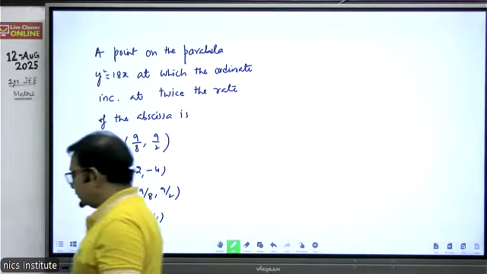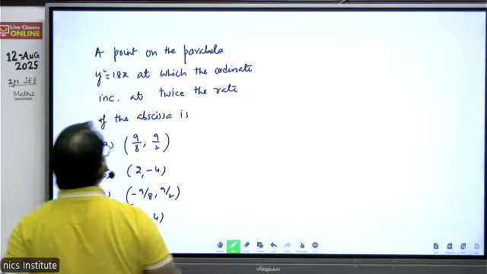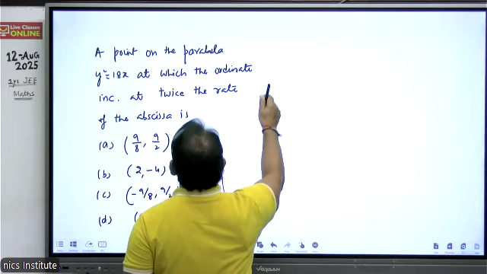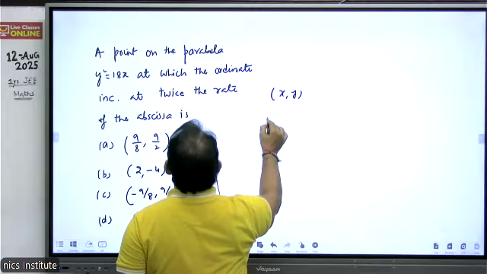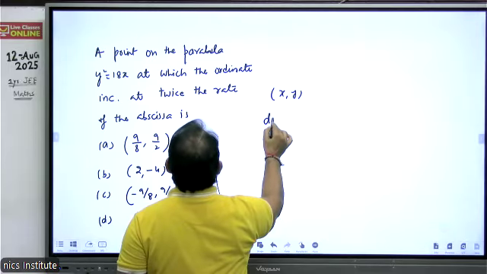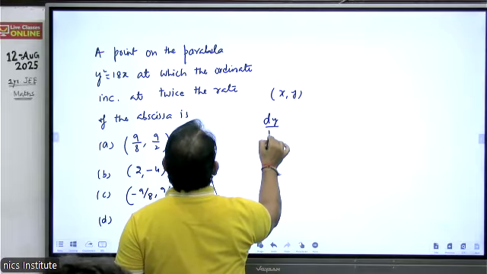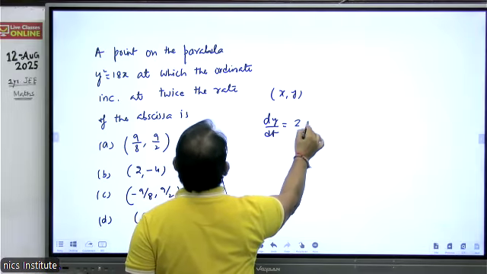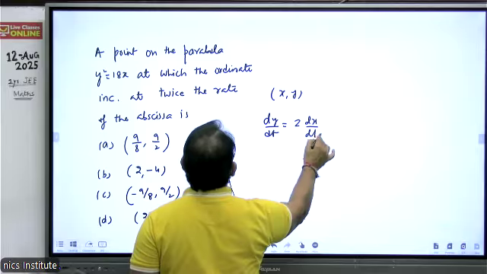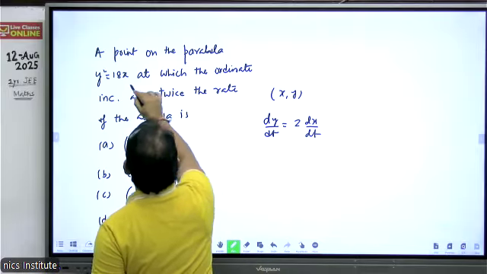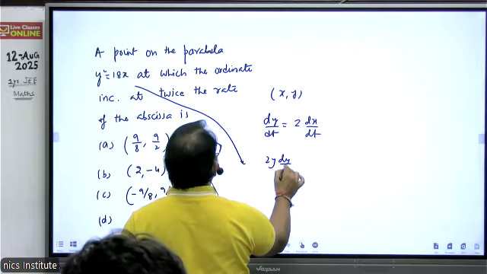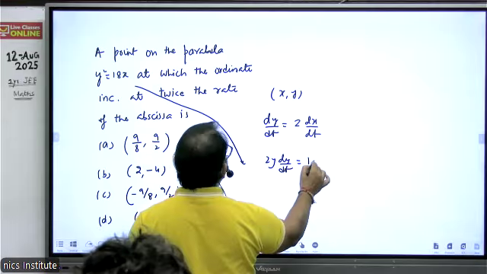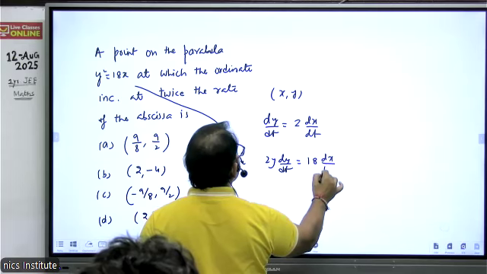So this is done. Let the point be x comma y. You've been given that dy by dt is 2 times dx by dt. Differentiate the parabola. It is 2y dy by dt is equal to 18 dx by dt.